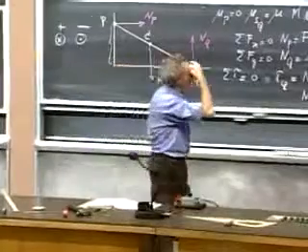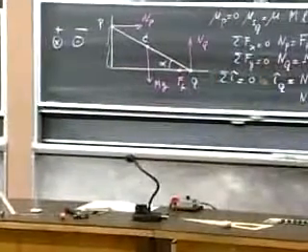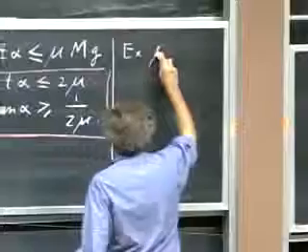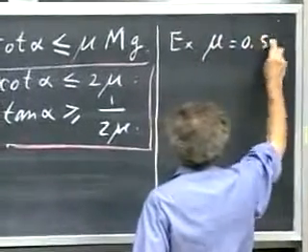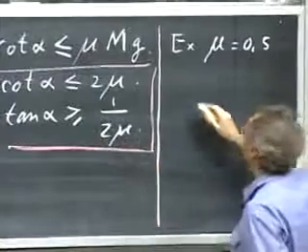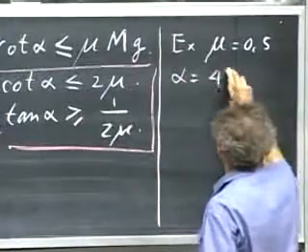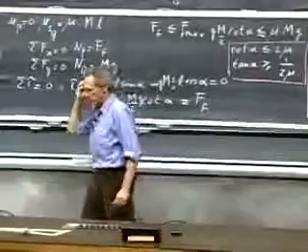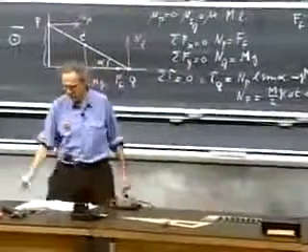If we take some numerical examples, for instance, I take mu equals 0.5, then alpha would be 45 degrees. And if the angle is any less, then it will slide.